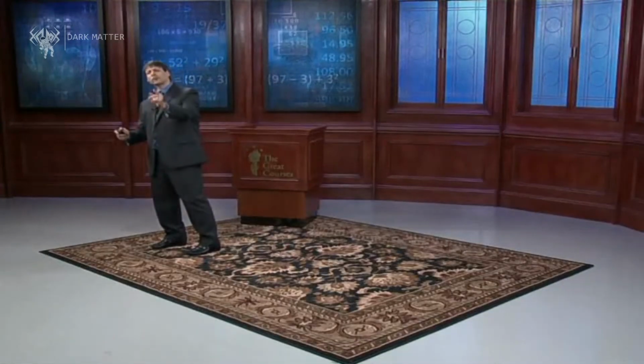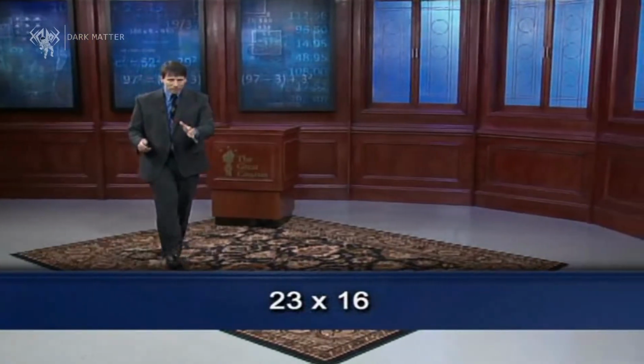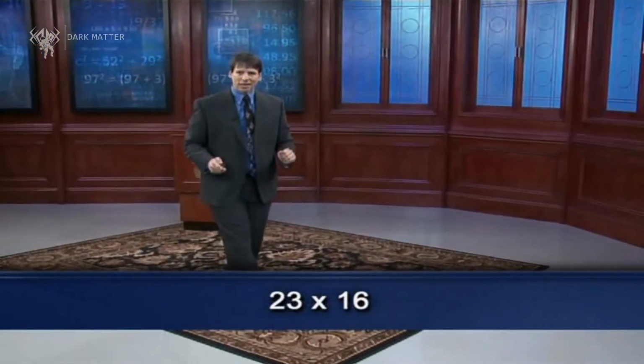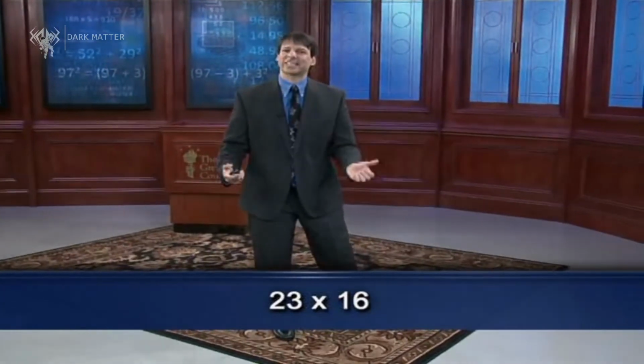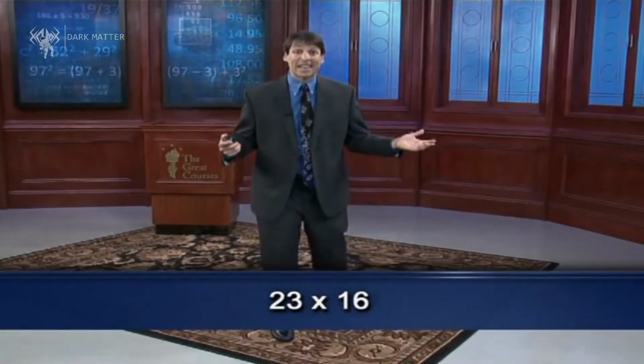As a matter of fact, 69 of the 90 2-digit numbers, more than 2/3 of them, can be factored into smaller numbers, and we can often take advantage of this. For example, consider the problem 23 times 16. Now, when I see 16, I can't resist thinking of 16 as 8 times 2.